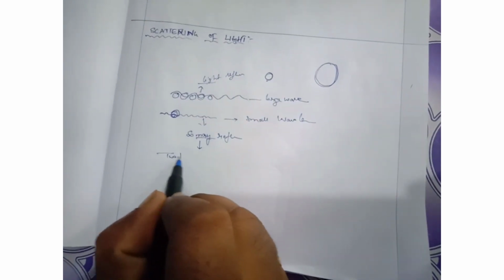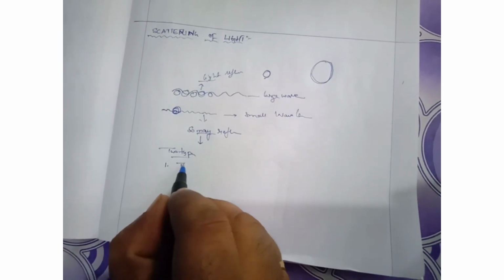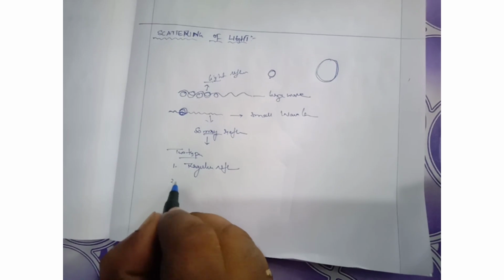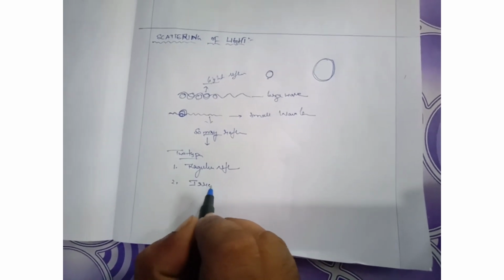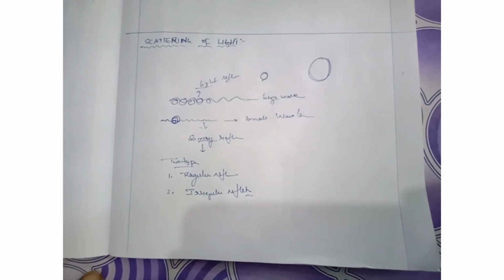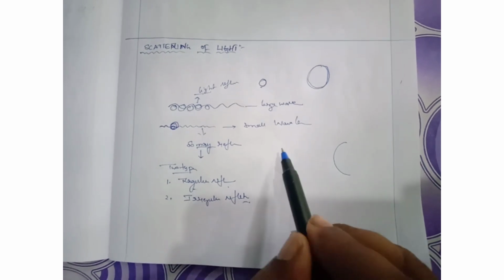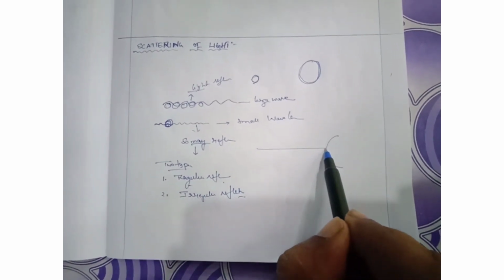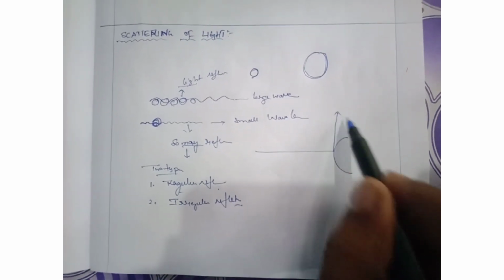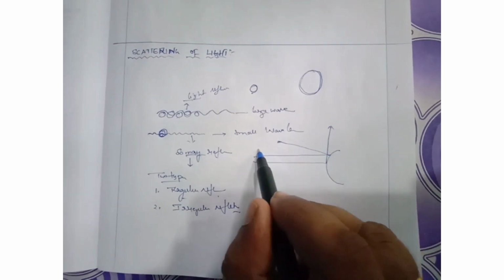Now what is scattering of light? There are two types of reflections: one is regular reflection and another one is irregular reflection. Regular reflection means whenever light enters the beam, it gets reflected on all sides around the particle, like this.